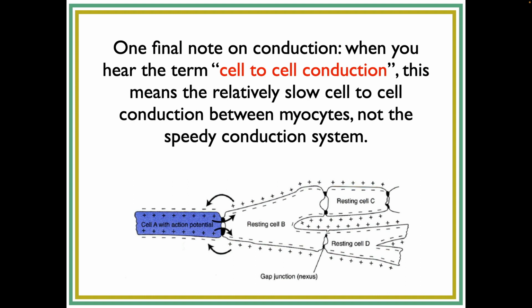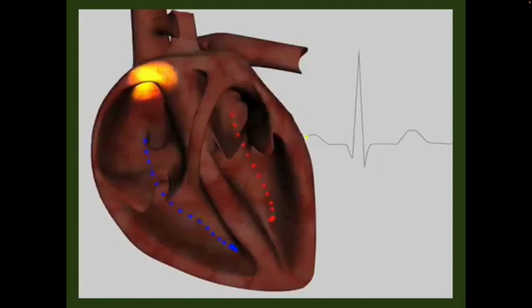Cell-to-cell conduction means it's myocyte to myocyte, okay? It's misleading because the conduction system is also made up of cells, so traveling within the conduction system actually is one form of cell-to-cell conduction. But by convention, when we talk about cell-to-cell conduction, this means the relatively slow conduction between myocytes and not the speedy conduction system.